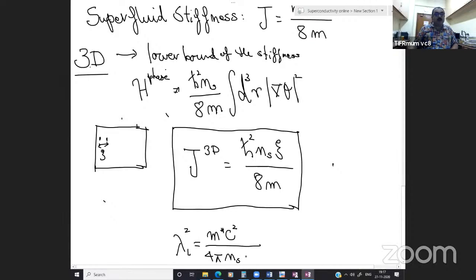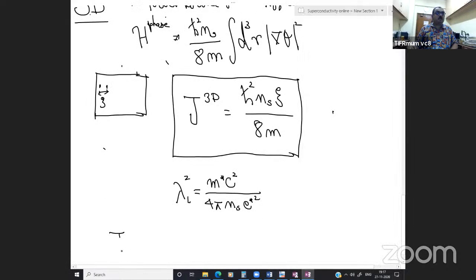So 4 pi ns E star squared. Now you can plug this in the expression of J3D, and what you will get is (h-bar c) whole square divided by 4 pi lambda L squared, with E star.